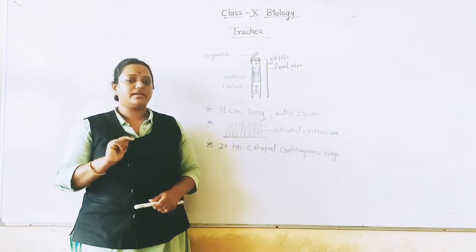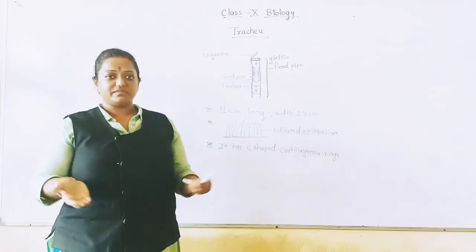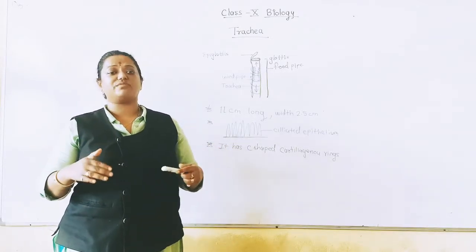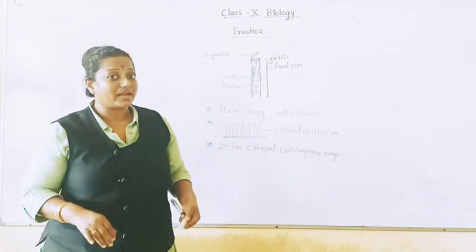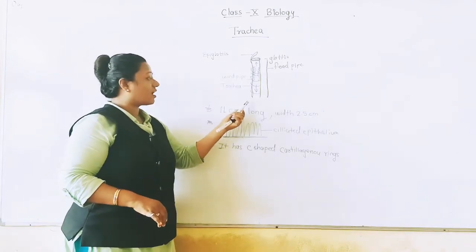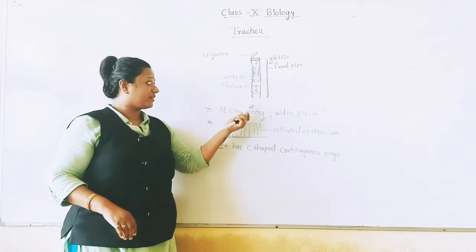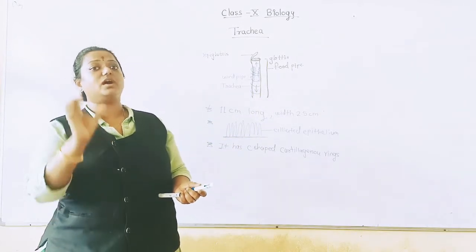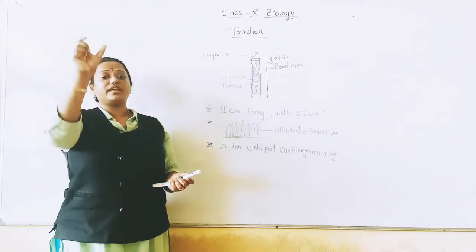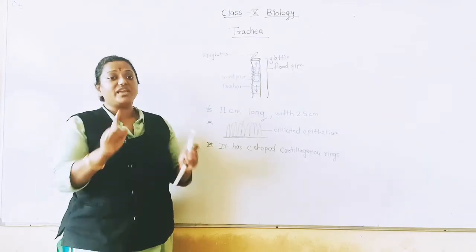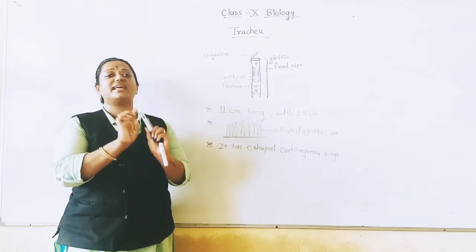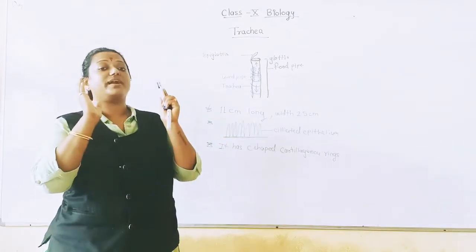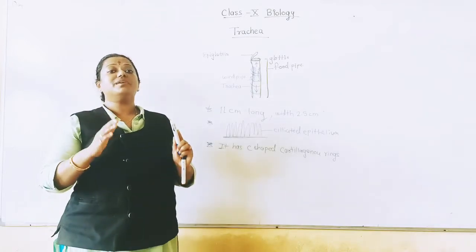The reason is that whenever we inhale, if we breathe in very fast or breathe out very fast, at that time the wall of the trachea or the pipe of the trachea should not collapse. Means to protect the whole windpipe, the whole trachea, we have these rings, and these rings provide protection from excess.